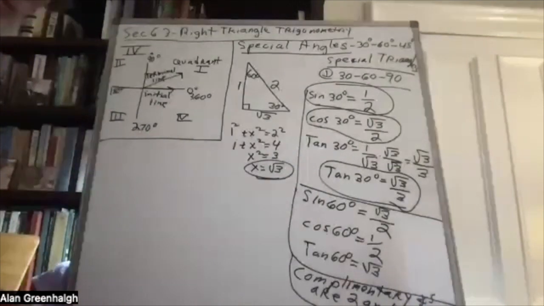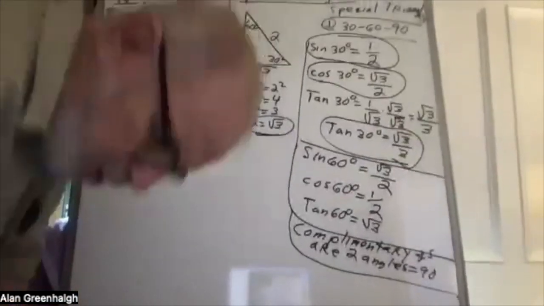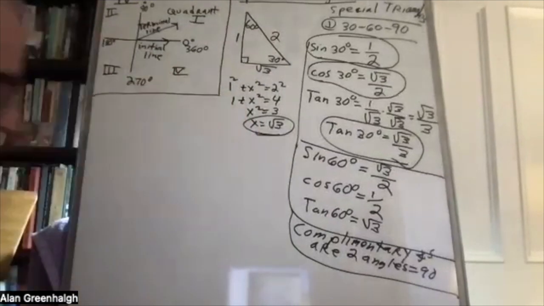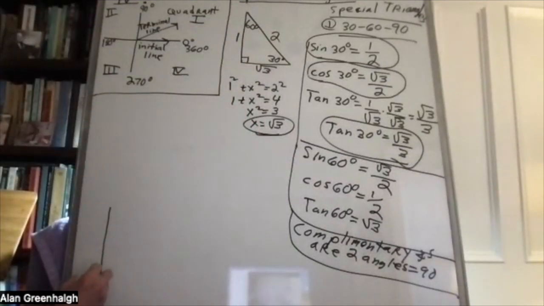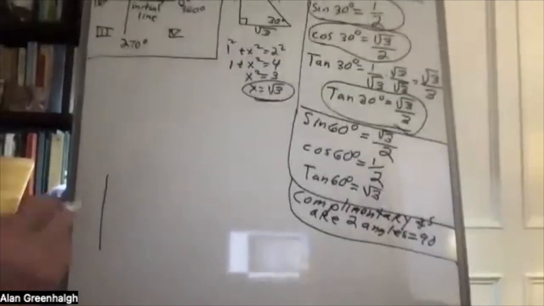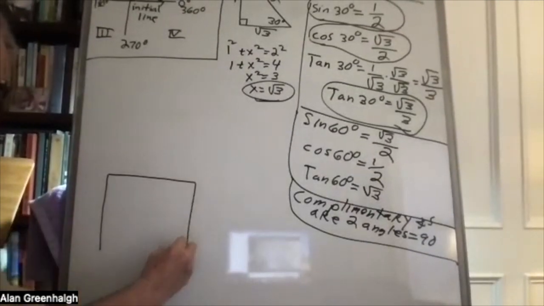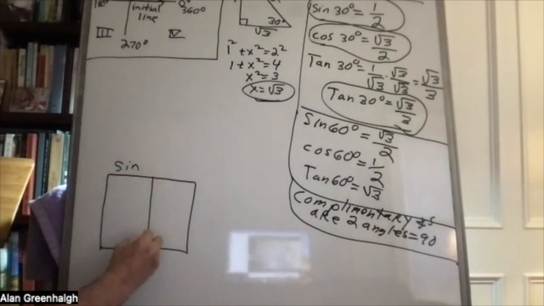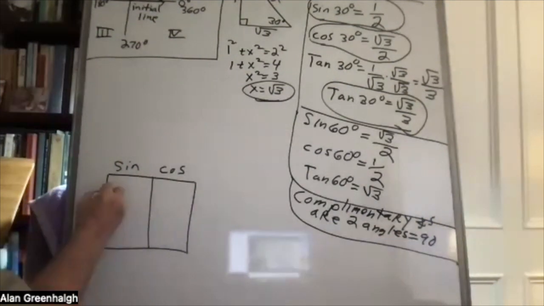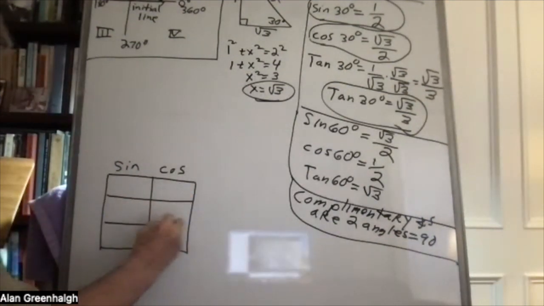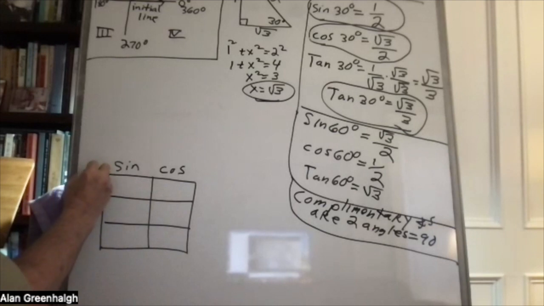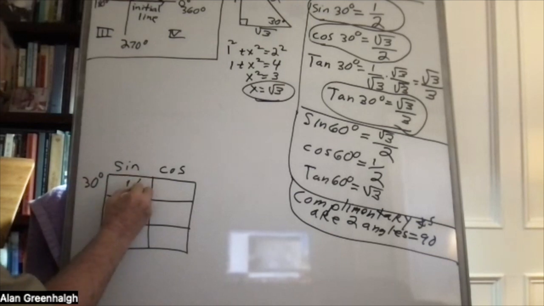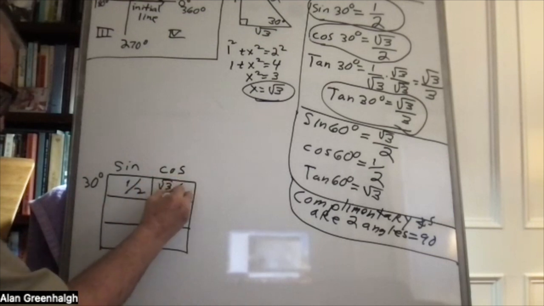In other words, let's create a little chart over here. Sine, cosine. 30. What's the sine of 30 degrees? 1/2. What's the cosine of 30 degrees? The square root of 3/2. We just found that.